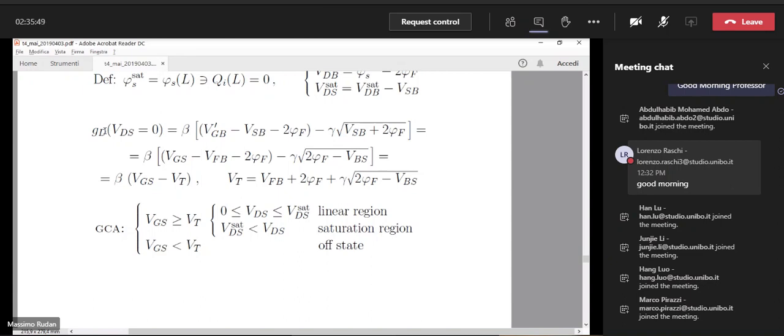So we observe that for these expressions to have a meaning, it must necessarily be that VGS is larger than VT, okay? So this is the condition for which this theory works. And this is also the condition that we expected of a well-formed channel.